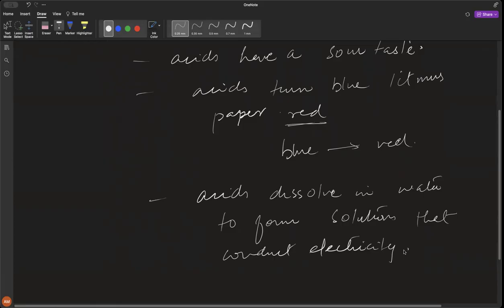Right? These are a few of the physical properties that are there.